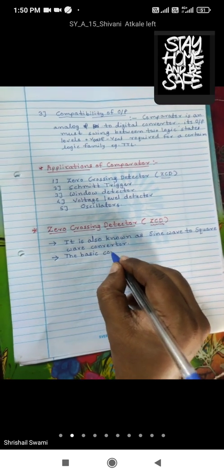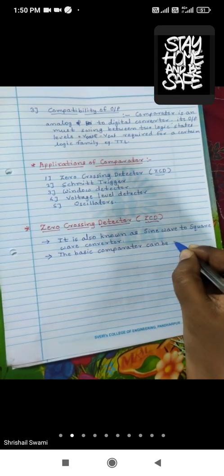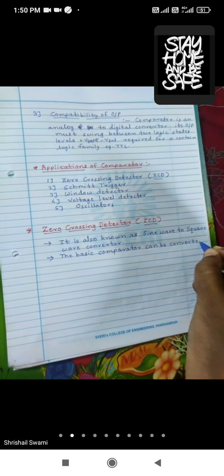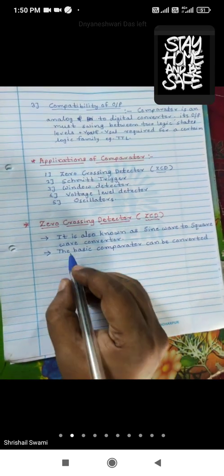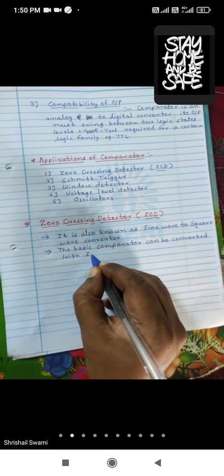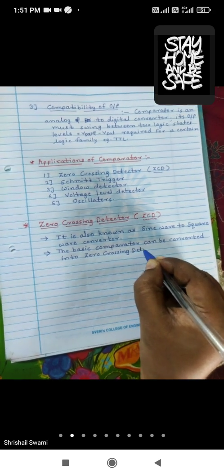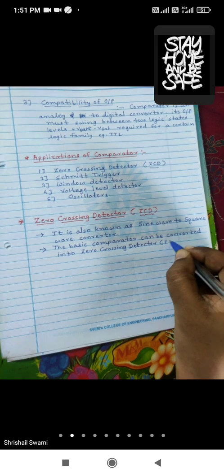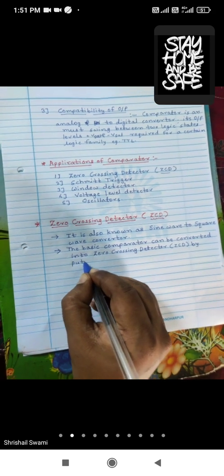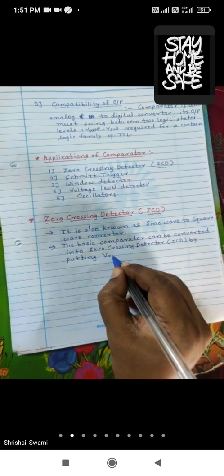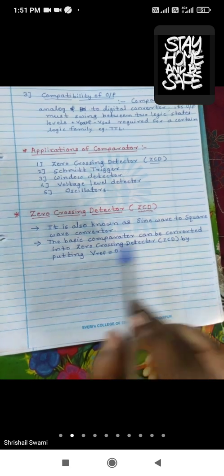The basic comparator, this comparator circuit we have already learned, can be converted into zero crossing detector, that is ZCD, by putting V reference equal to 0.